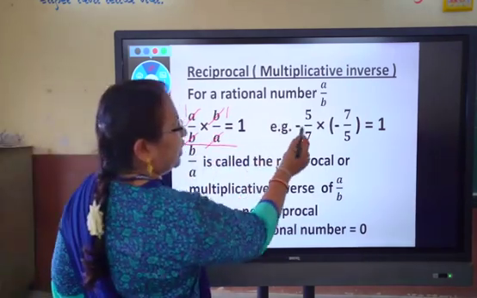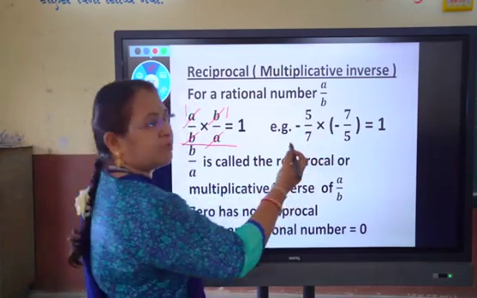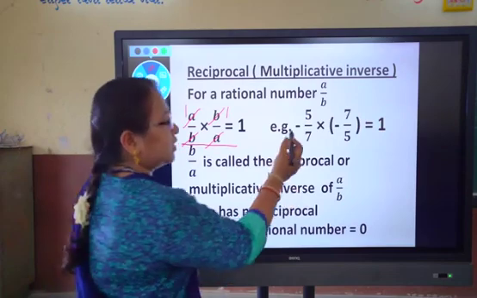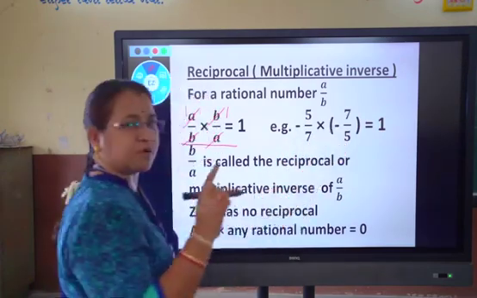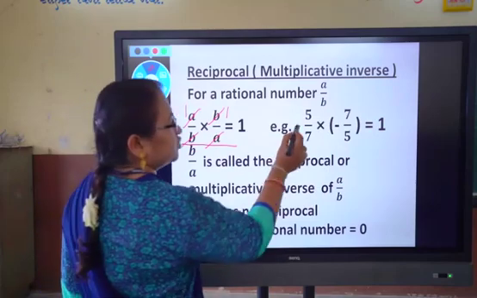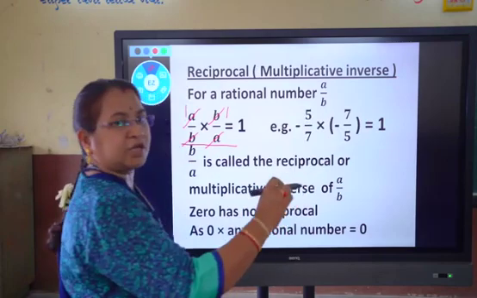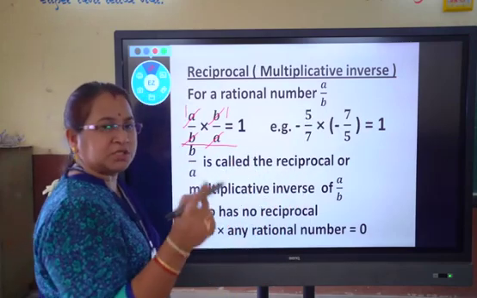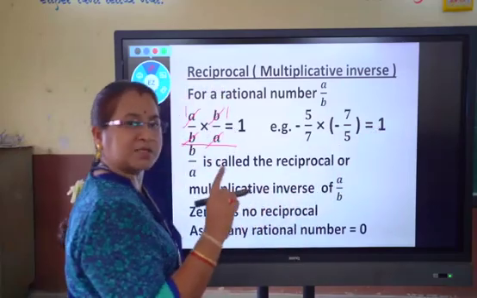If we take one example, 5 upon 7, then what is to be multiplied with 5 upon 7 so that we get 1? Here I have taken minus 5 upon 7. I took the same sign because we want 1, meaning positive 1. If our given number is negative, we have to take the same negative number. If the given number is positive, we have to take the same positive number, then only we will get our answer as plus 1.